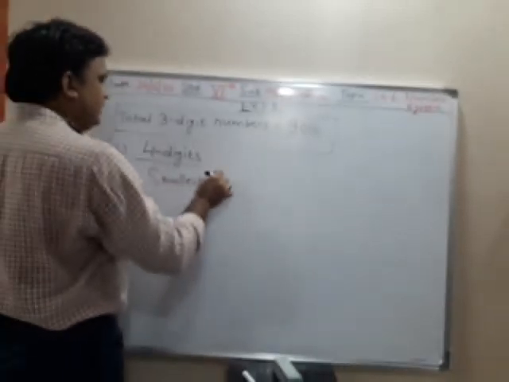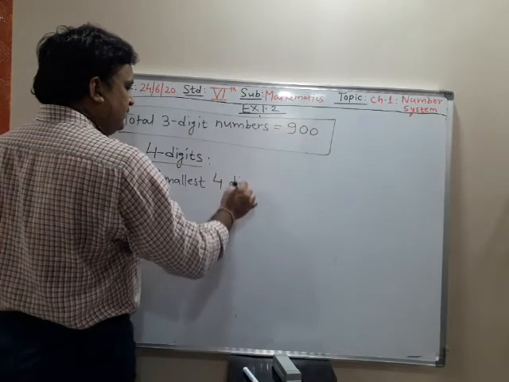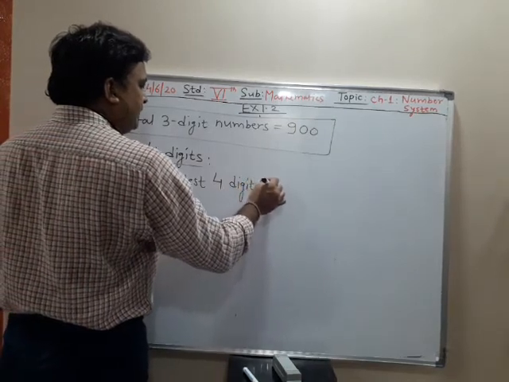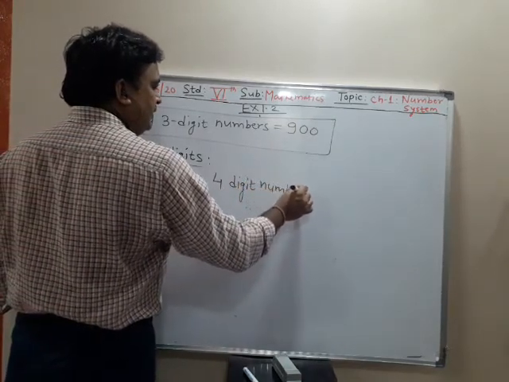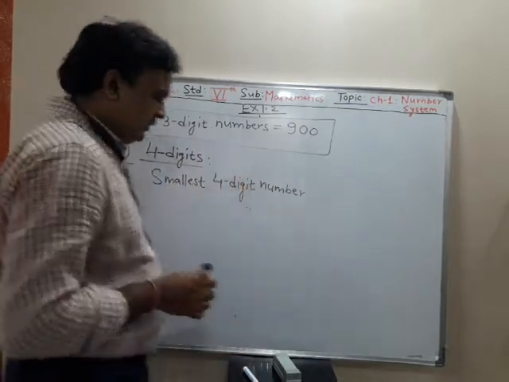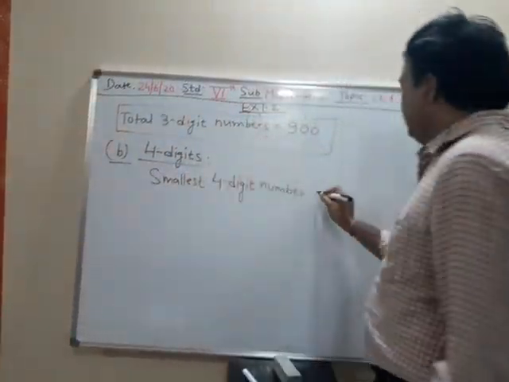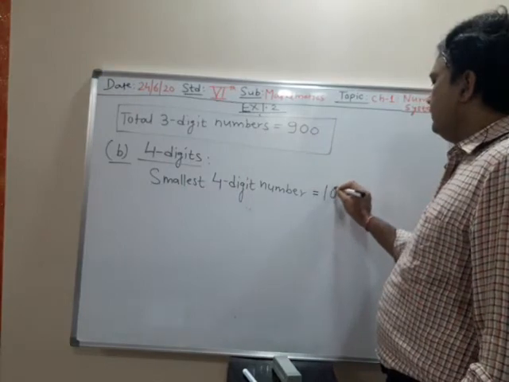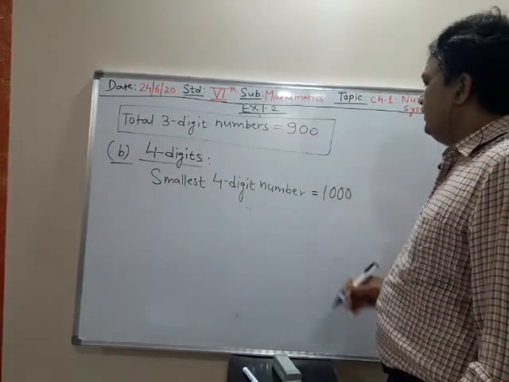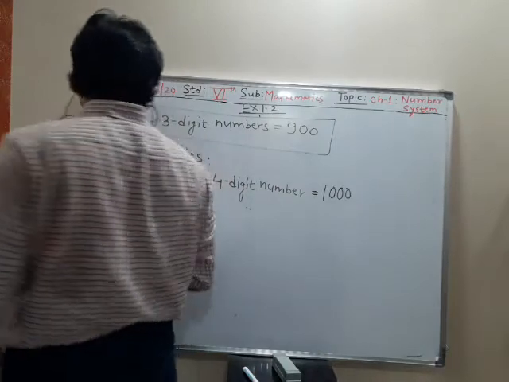So we find the smallest 4-digit number. The smallest 4-digit number is 1000.